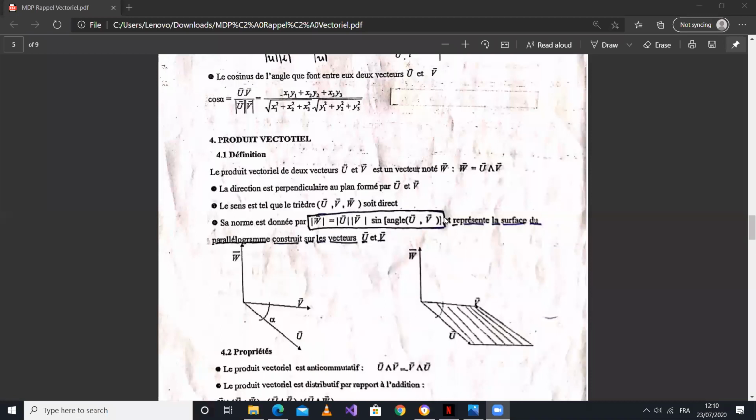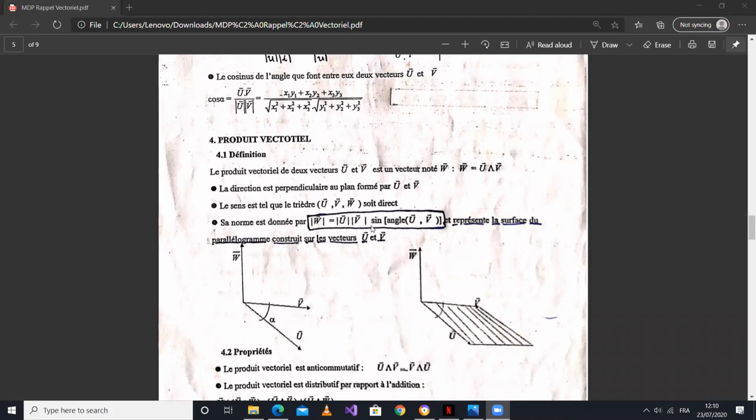Remember this formula, we saw it yesterday, except for in the product scalaire, it didn't have these lines indicating the magnitude. The product scalaire was just the answer like that, but in the product vectorial, it's the norm. So we have the module of W being equal to the module of U multiplied by the module of V multiplied by sinus. In the formula for the product scalaire, we had cosinus.